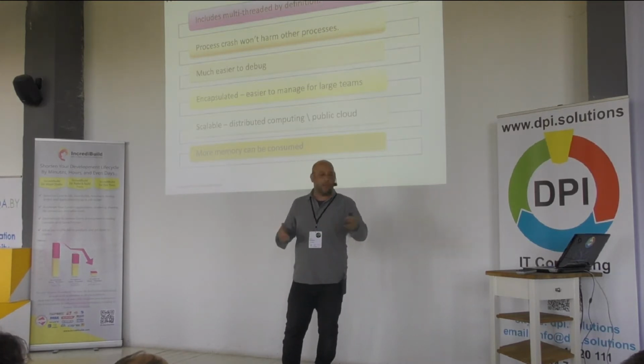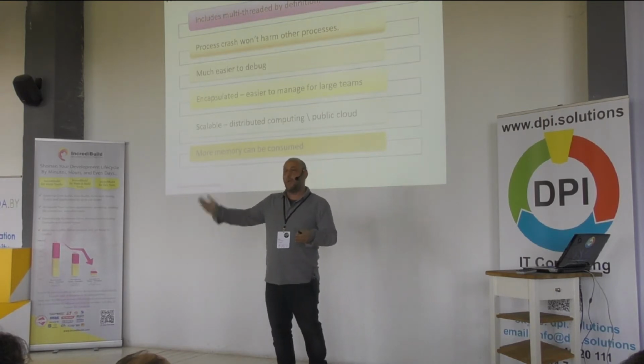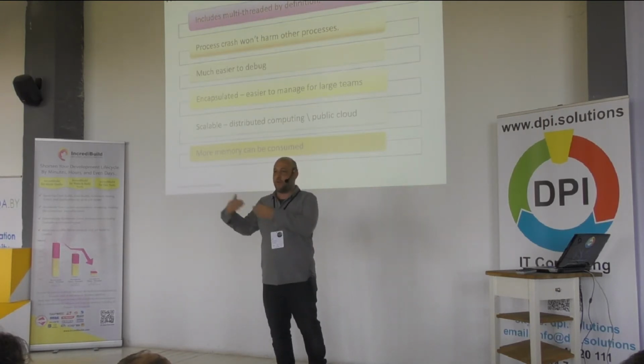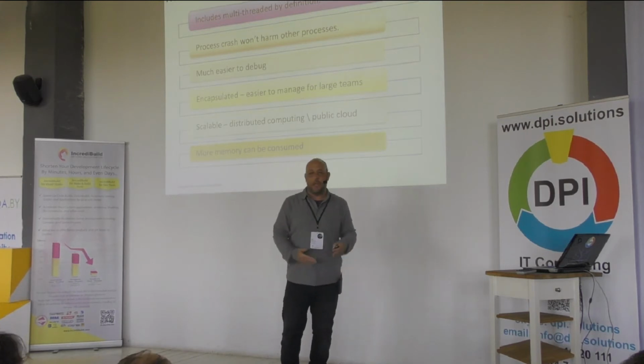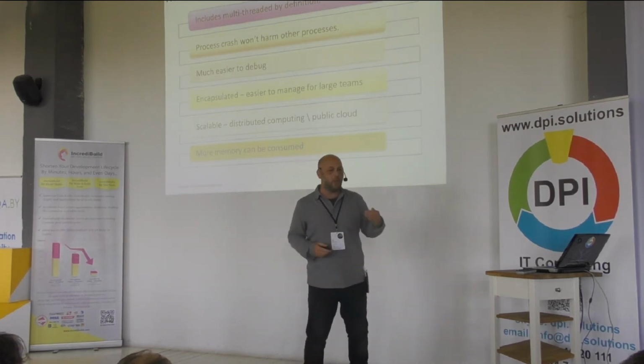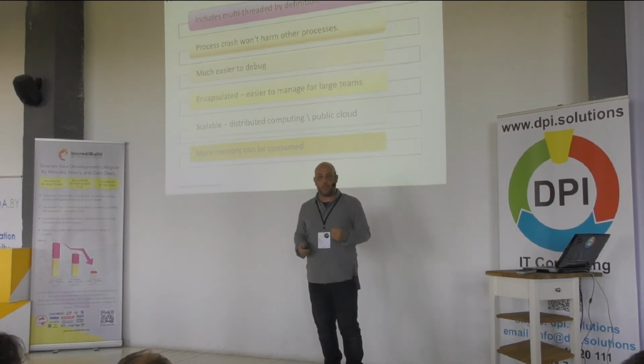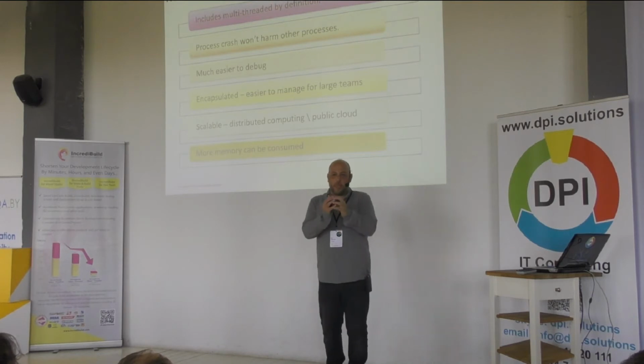With Incredibuild, because it's a multi-process application, even if this process fails, we can simply recover, we can run it again. And our multi-process architecture is also multi-threaded. It's not only multi-process, every process has multiple threads. To debug, it's more encapsulated.